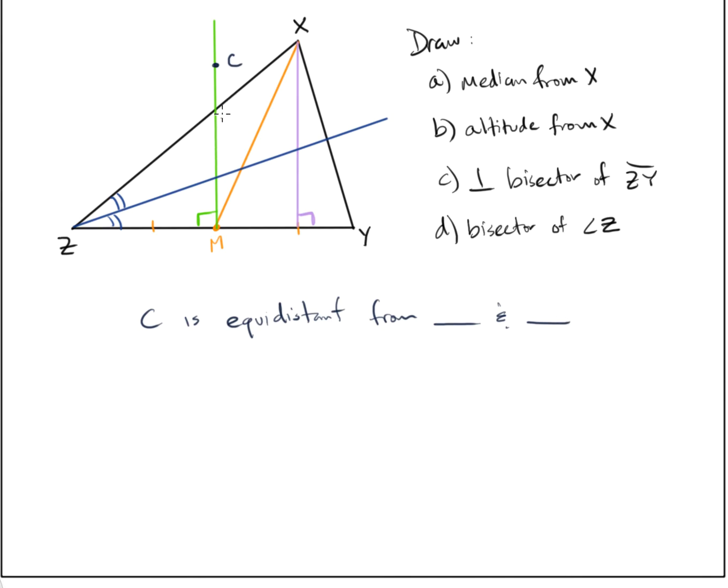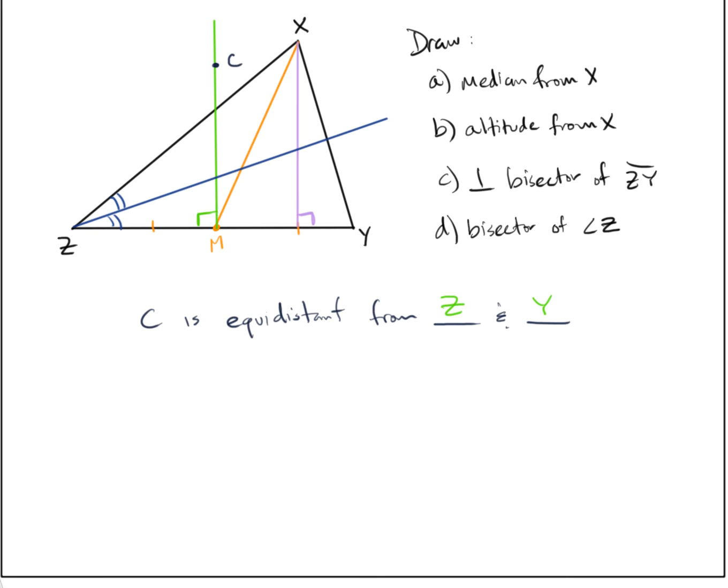So this would be where theorem 4-5 comes in. Point C is on the perpendicular bisector of segment ZY, and theorem 4-5 says that any point that's on the perpendicular bisector of a segment is going to be equidistant from the endpoints of that segment. So the endpoints would be Z and Y. So point C is equidistant from Z and Y.